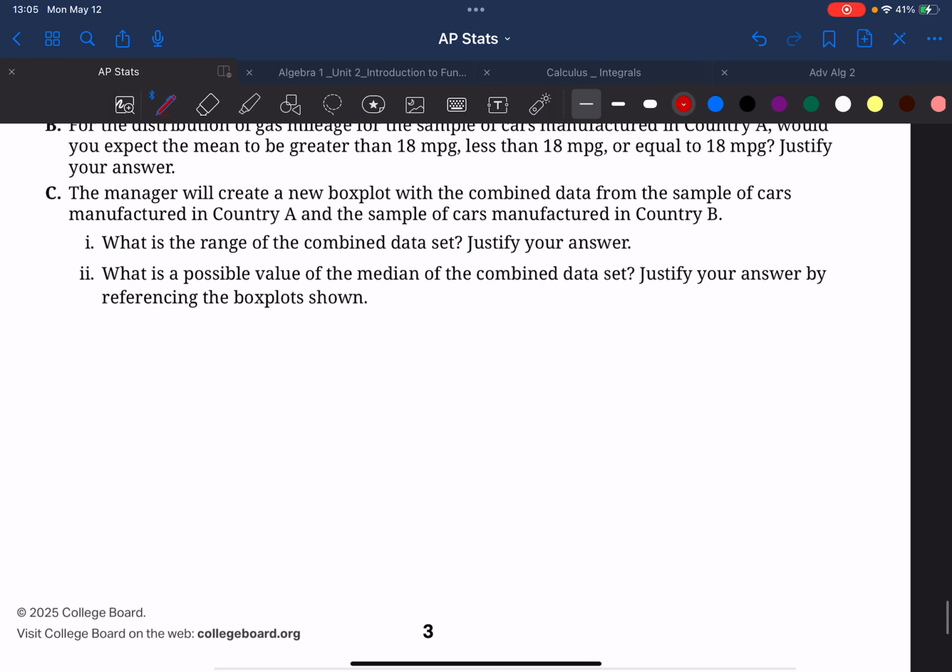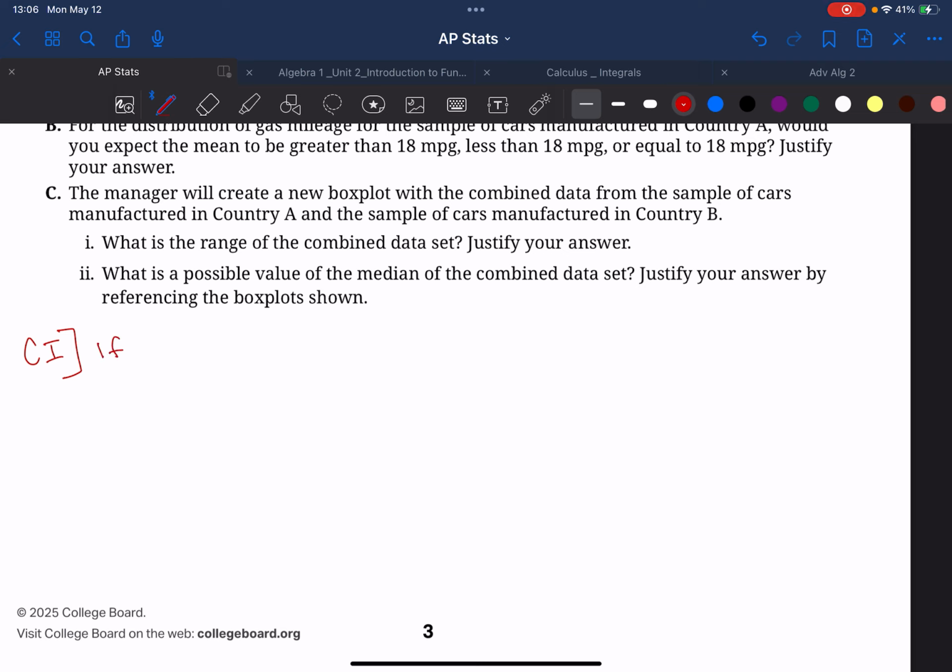For C, it says the manager will create a new box plot with the combined data from the sample of cars manufactured in country A and the sample of cars manufactured in country B. Let's look at C part 1 first. It says, what is the range of the combined data set? Justify your answer.